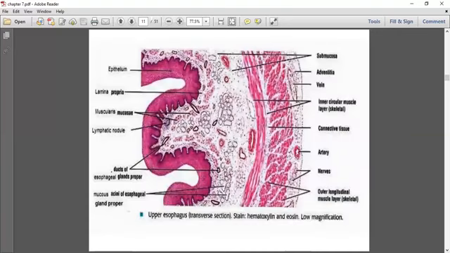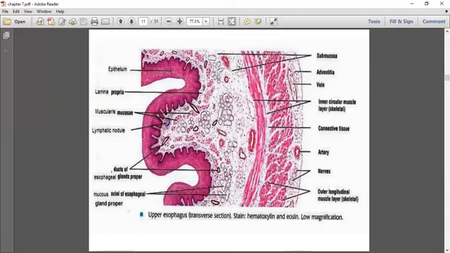Histological slide revealing the tissue layers of the esophagus, cross-section: stratified squamous epithelium, lamina propria or corium, muscularis mucosa, submucosa, esophageal glands, muscularis, 2 layers, inner layer and outer layer, adventitia.